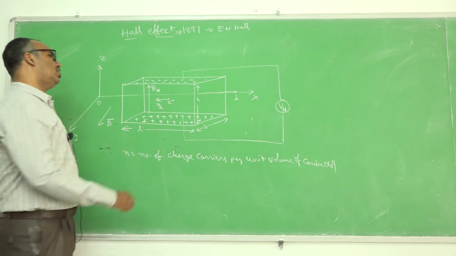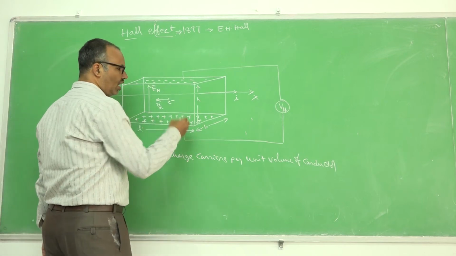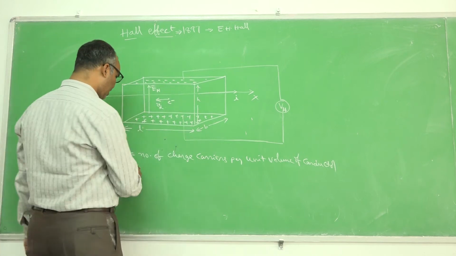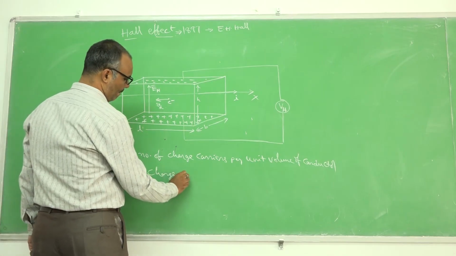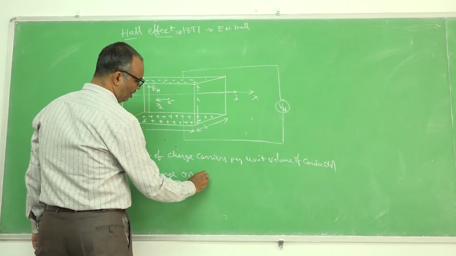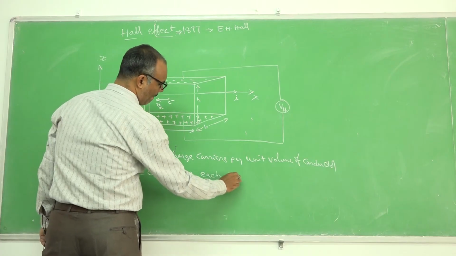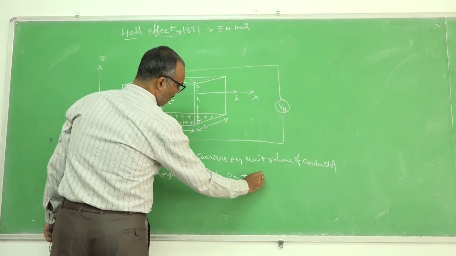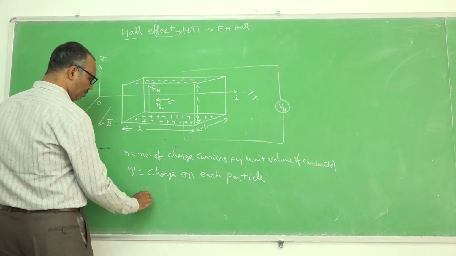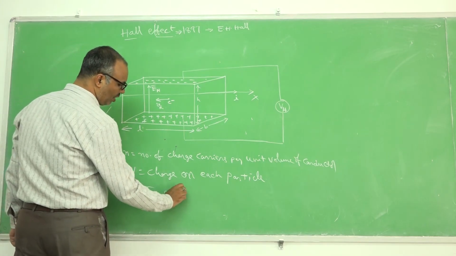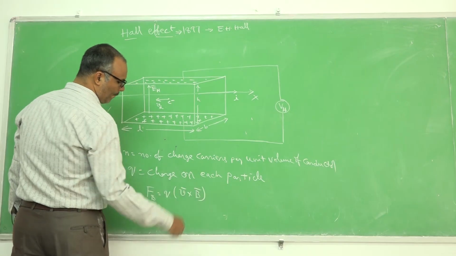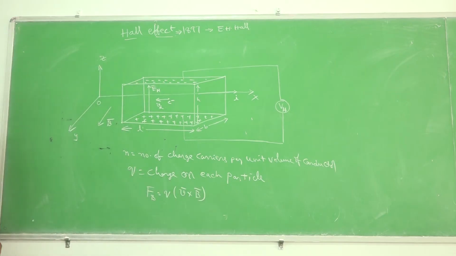Here, let Q be the charge on each particle. The force experienced by this charged particle because of the magnetic field is given by Q into V bar cross B bar. Here V bar and B bar are perpendicular to each other.